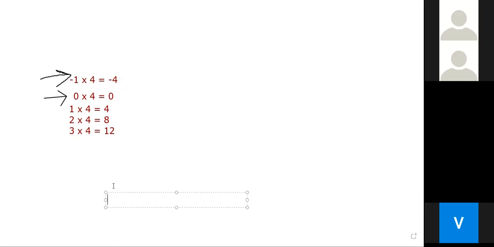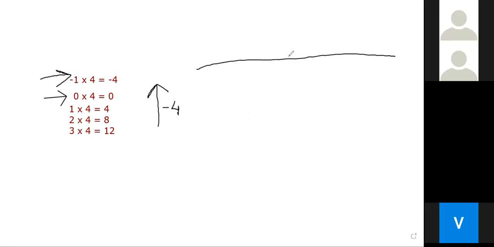So you can think of it on the number line, etc. You can see this pattern. As you go up, it's basically reducing by 4 each time. So therefore, you take away 4 from 0. That's what happens. It will be nice if you can show it on a number line, because that will help them visualize this.